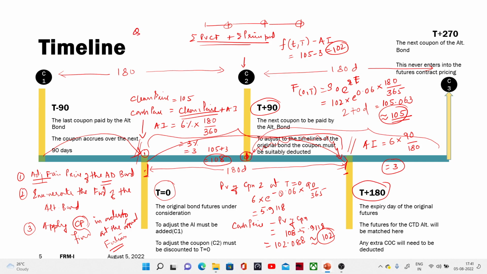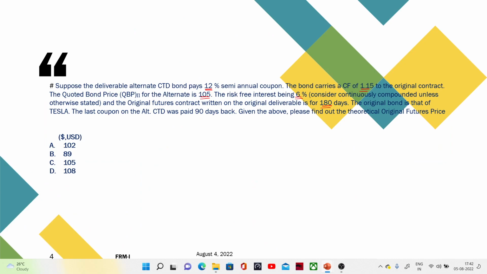So the conversion factor is denoted like this. This is the quoted futures price. Quoted futures price is of the original contract. Never forget this. Multiplied by the conversion factor becomes the alternate futures price after all adjustments. So which means that the quoted futures price original is equal to alternate futures price adjusted divided by the conversion factor, which if we do the math, becomes 102 divided by, what was the conversion factor?